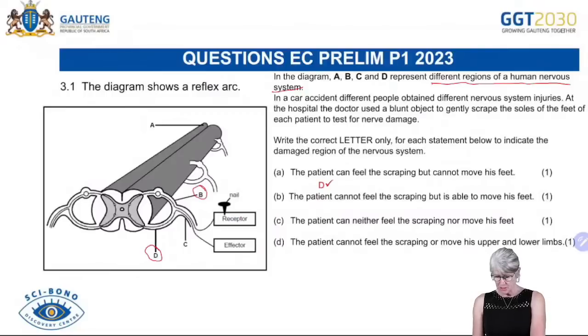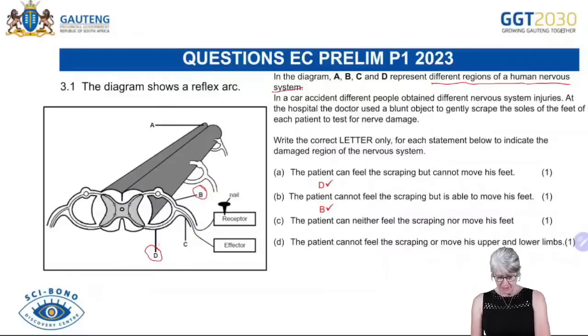The next one, the patient cannot feel the scraping. So while the doctor's scraping, that person can't feel the scraping, but he can still move his feet. But he's not moving it necessarily in response. He just can't feel it. So that means that the sensory neuron, that sensory part of the nervous system, would be damaged. So that would be B. Then the third, for C, it says the patient can neither feel the scraping nor move his feet.